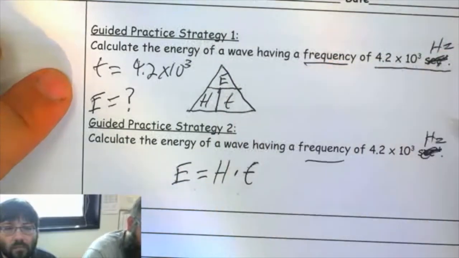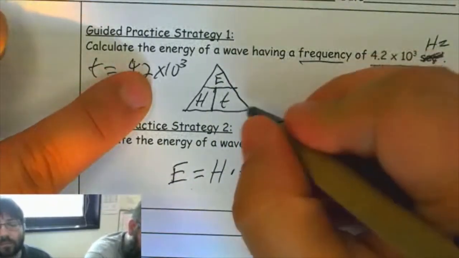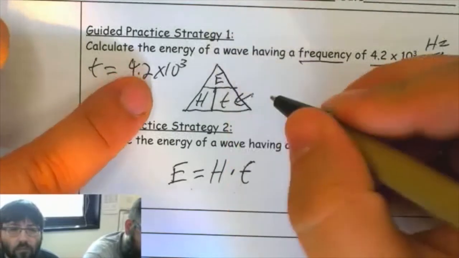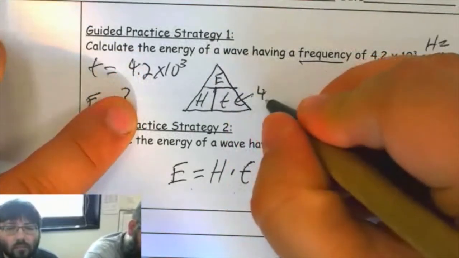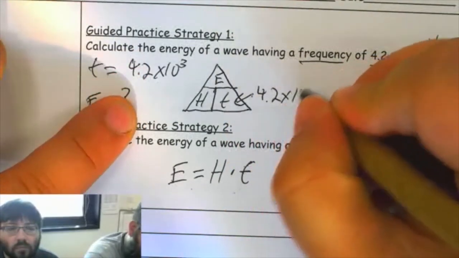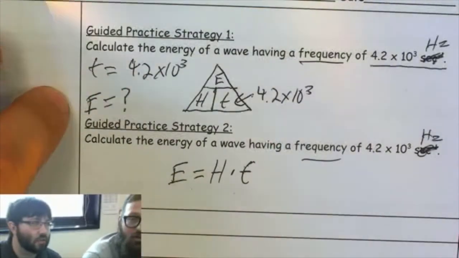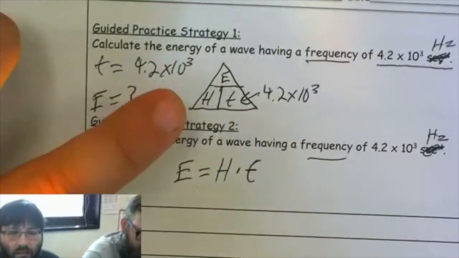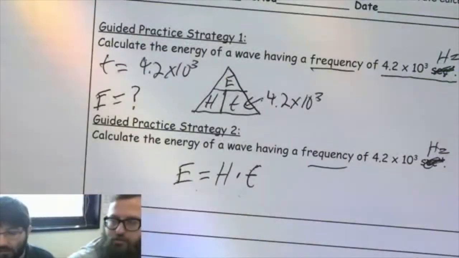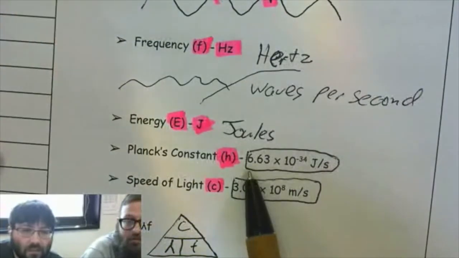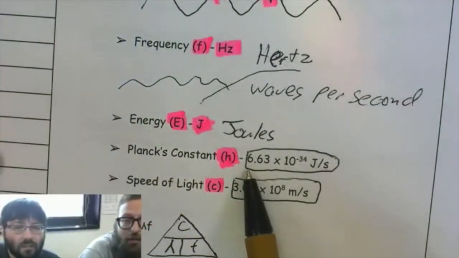Our frequency, which we put right here in this part of the triangle, is 4.2 times 10 to the third power. H is a constant, Planck's constant, which is 6.63 times 10 to the -34.